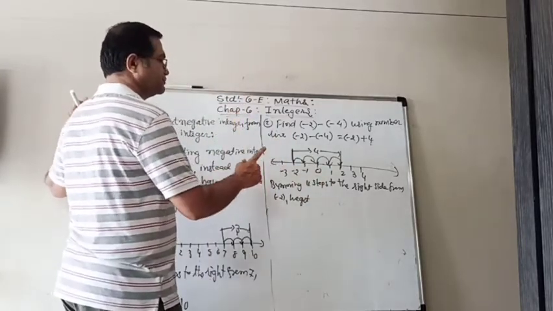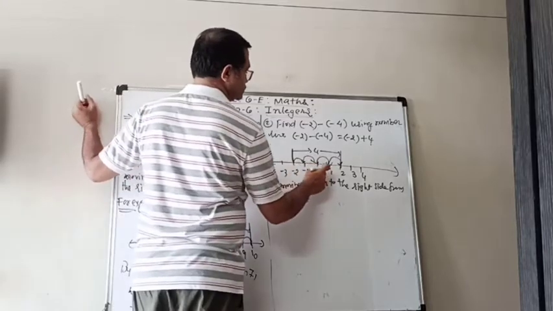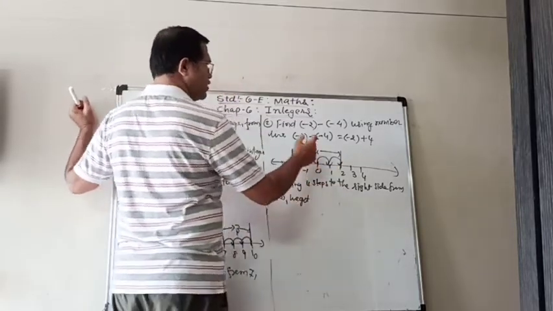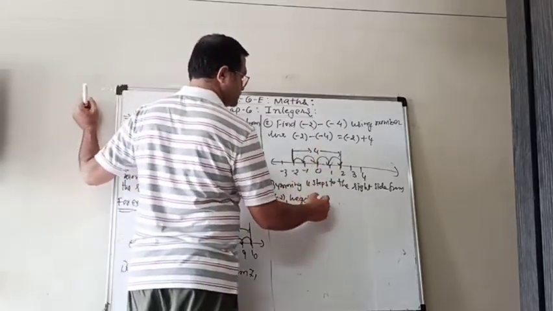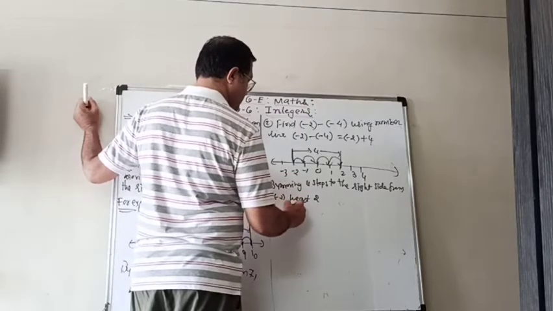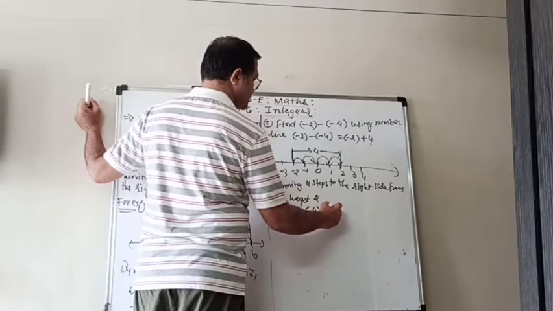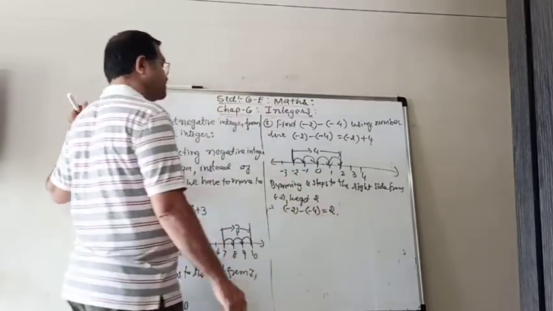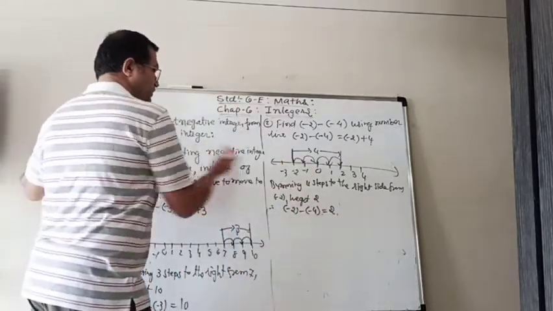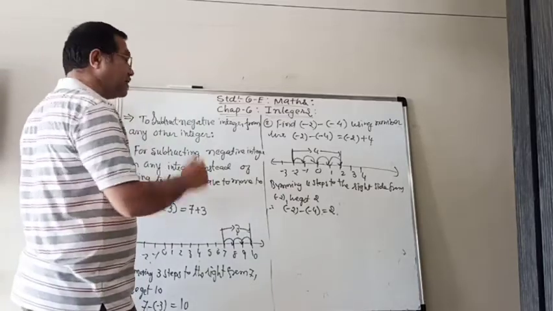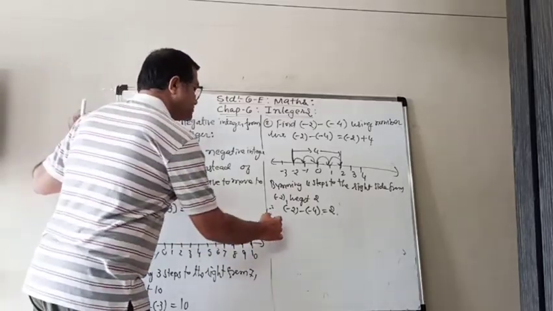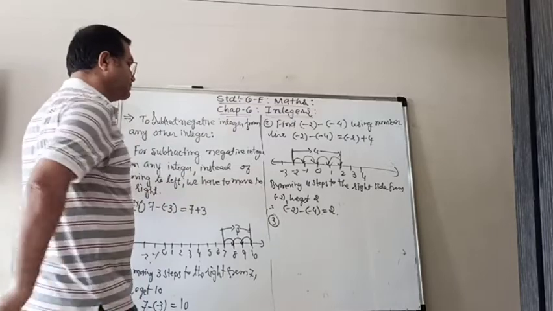Therefore, minus 2 minus minus 4 is equal to 2. If you move this side, then you will get minus 6. So be careful.